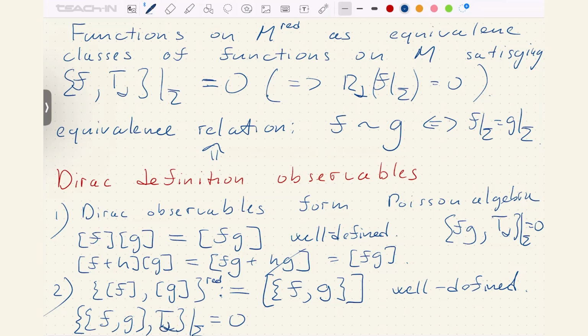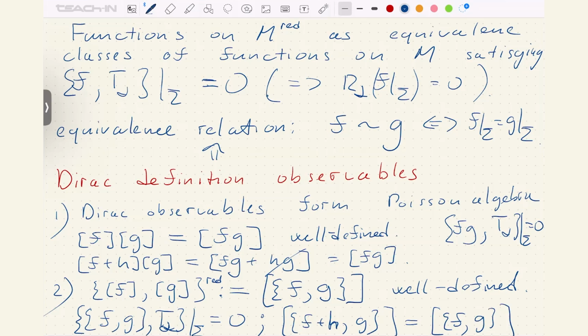This amounts to the Jacobi identity and one additional step, which we are going to discuss now. But maybe before doing this, let's see that nothing depends on the equivalence class. So if instead of F, again, we take F plus H, and then take an equivalence class, and H vanishes on the constrained surface, then this is equal to {F, G}.